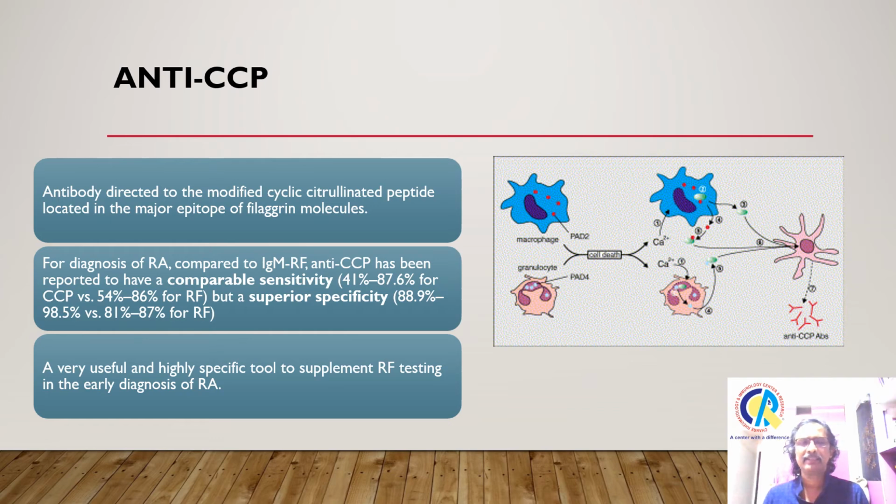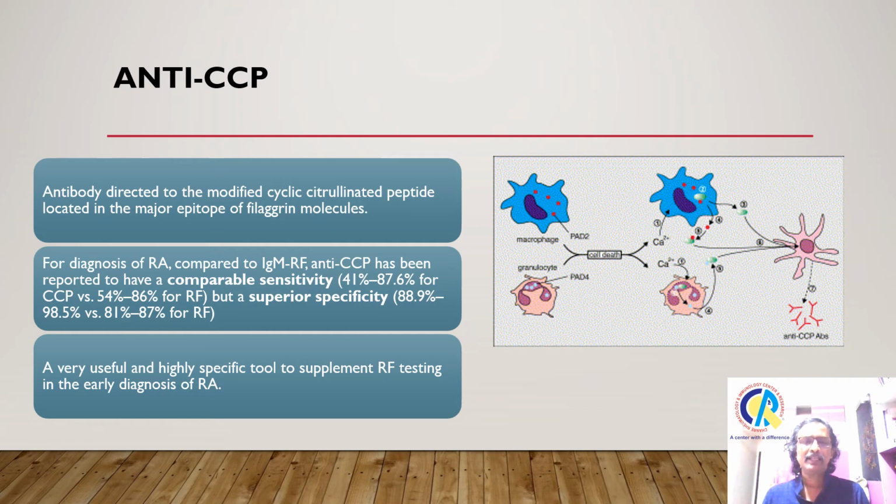So the presence of anti-CCP is one of the specific tests to diagnose rheumatoid arthritis. But its sensitivity is very poor because it is positive in only 41% to 80% of patients, depending on the population that has been included in the study.